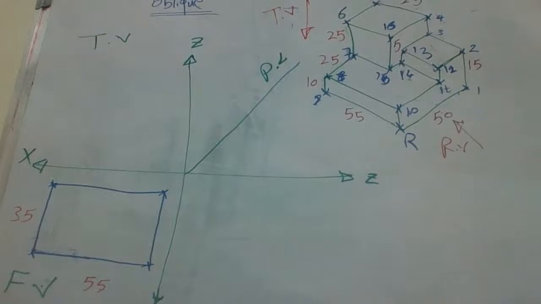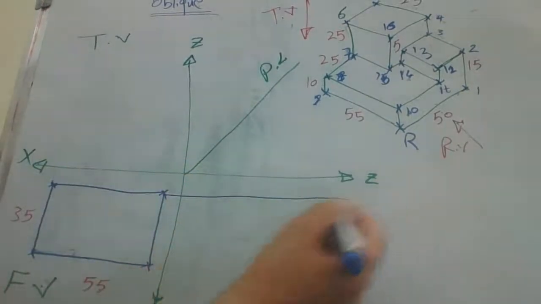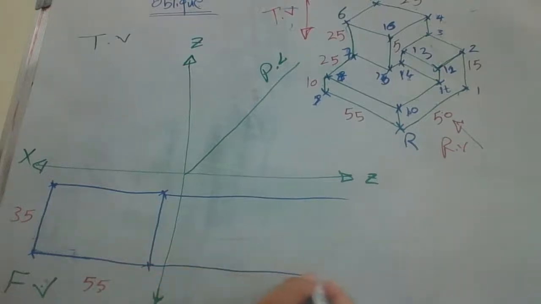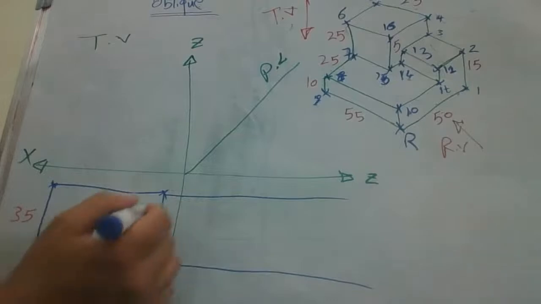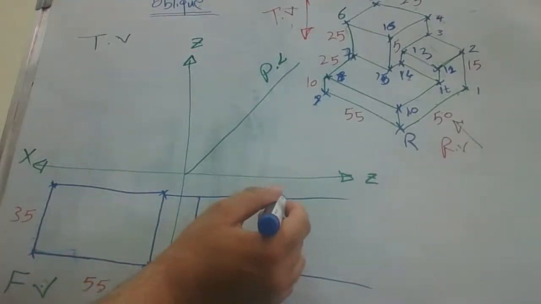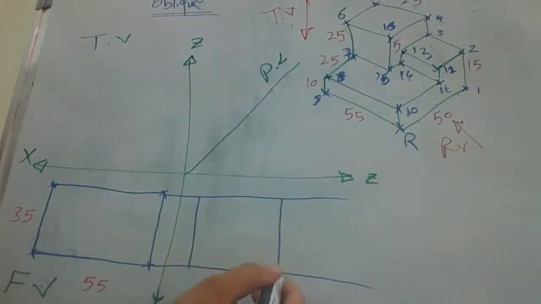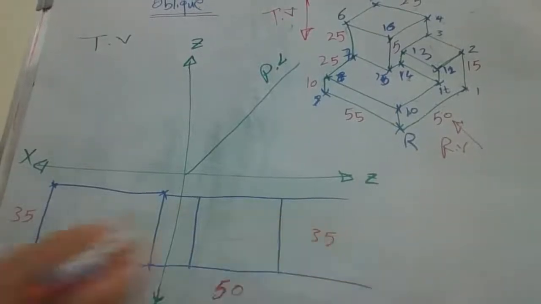Now for the right view, we can choose also the standard. The shared length between front view and the right side view is the height. Now here 50 millimeter and the shared length is 35.